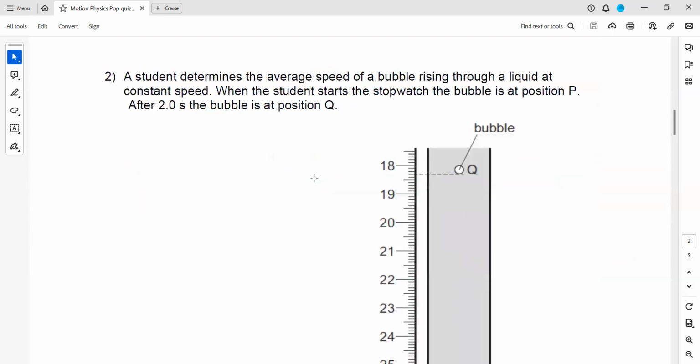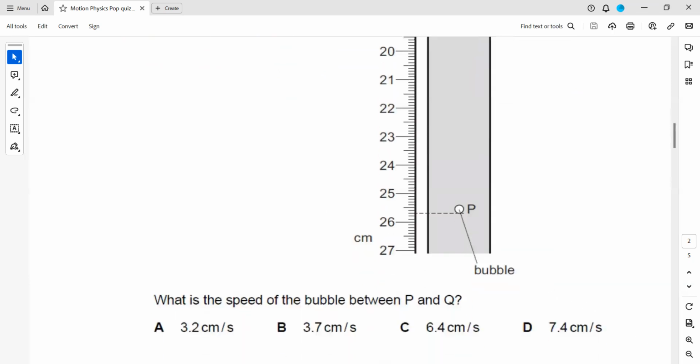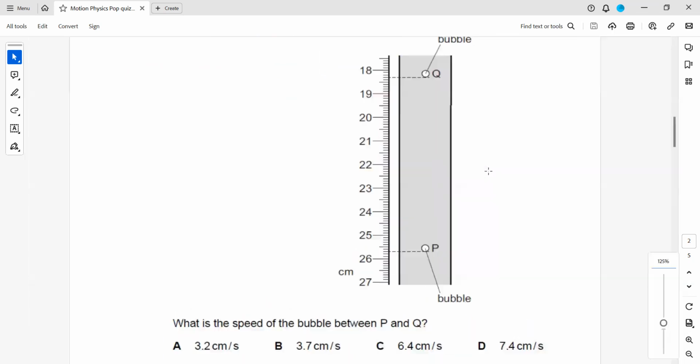Next question. A student determines the average speed of a bubble rising through a liquid at a constant speed. When the student starts the stopwatch, the bubble is at position P. After 2 seconds, the bubble is at position Q. What is the speed of the bubble from P to Q? So you have to calculate the distance traveled.